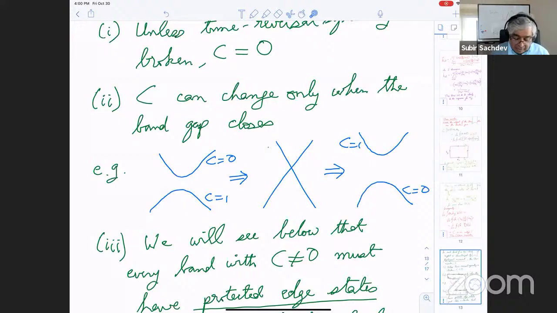Well, you can explicitly work out quite amazingly what happens when you have just one Dirac fermion. If your bands meet at just one point in momentum space, so you have just one Dirac fermion, then you can show that the change in Chern number of both bands has to be plus minus 1. So if this goes from 0 to 1, that'll go from 1 to 0.